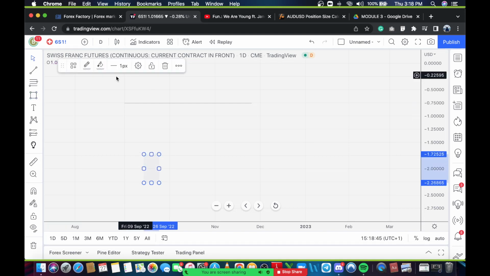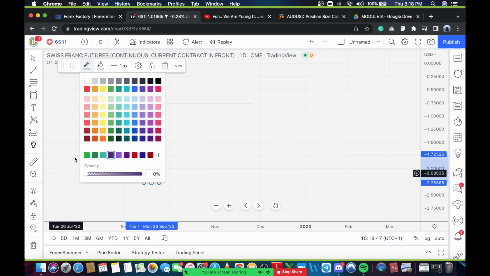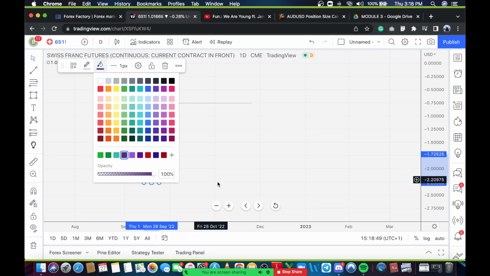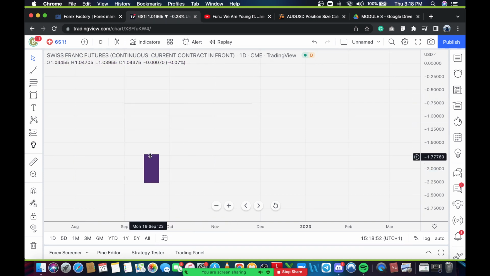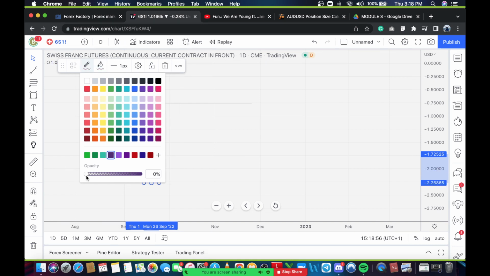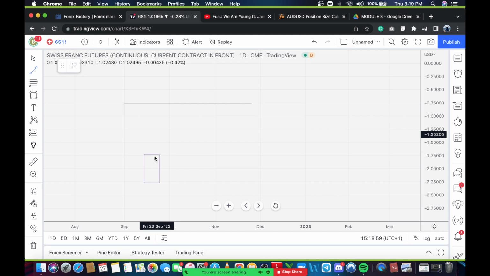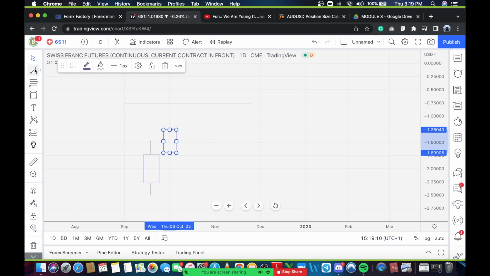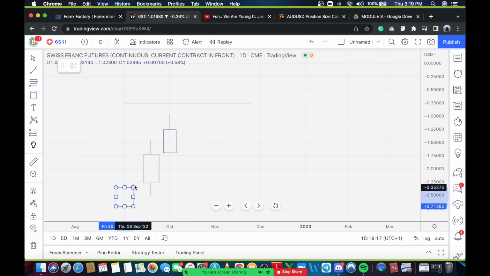When you spot a buy side imbalance sell side inefficiency in a predominantly bullish delivery or bullish order flow, that inefficiency is a buy side liquidity.